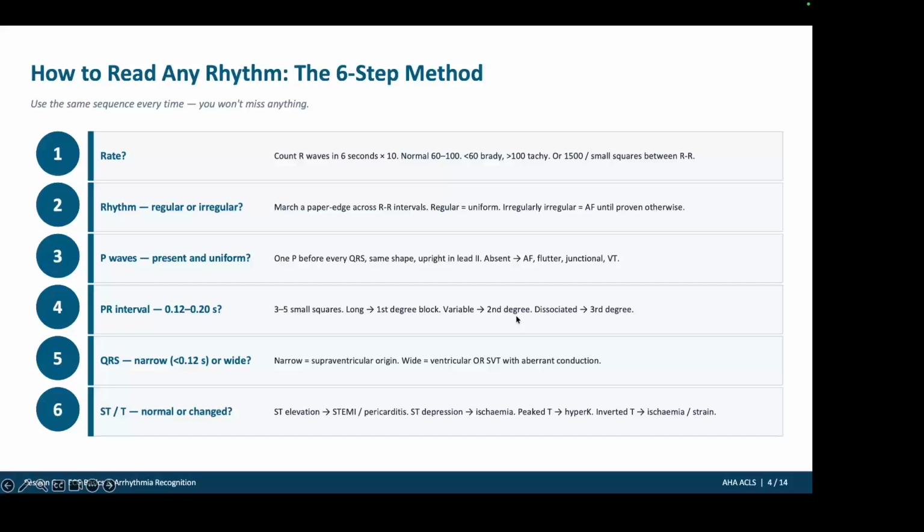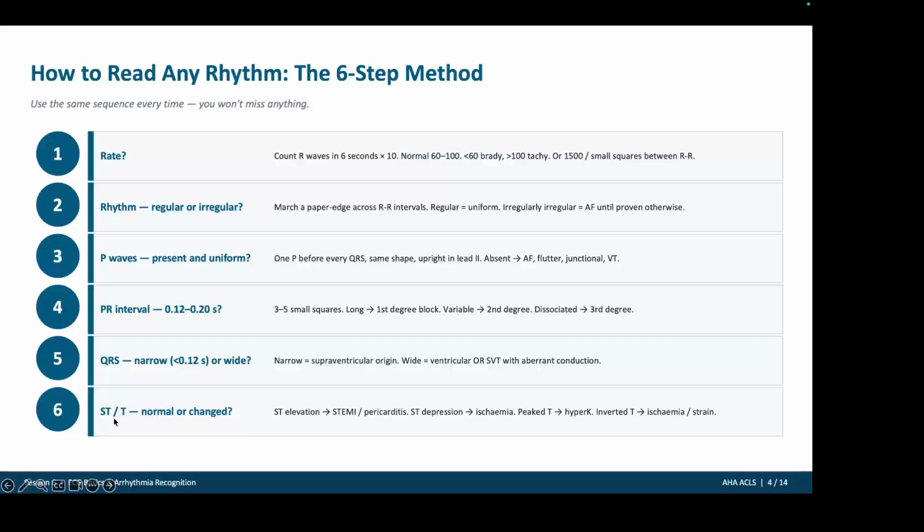If it is dissociated, which means the P and QRS don't have any correlation, then it can be third degree heart block. In QRS, a narrow QRS less than 0.12 second is normal. If it is wide, it may be abnormal, can result from ventricular rhythm or SVT with aberrant conduction. It can be narrow in supraventricular origin as well.